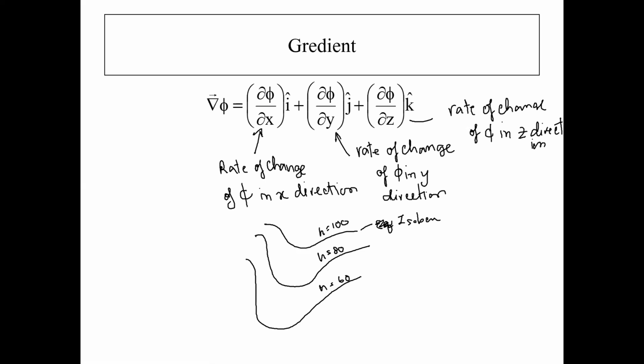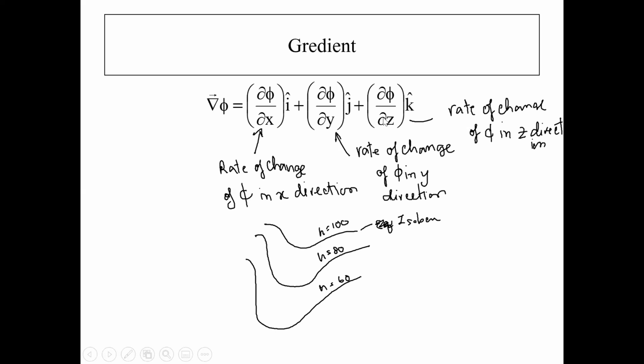It means the rate of change in x direction by considering y and z to be constant. We are not interested in any change in value of y and z. Just focus on the x and treat y and z as constant, and that is the partial differentiation.